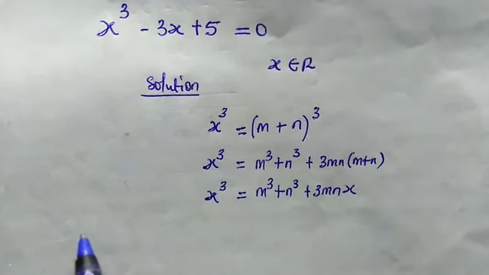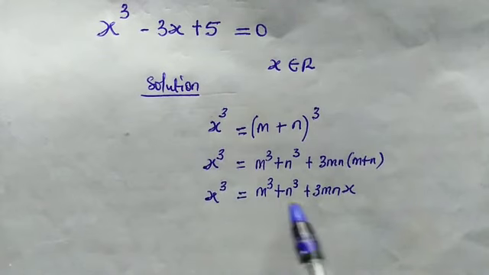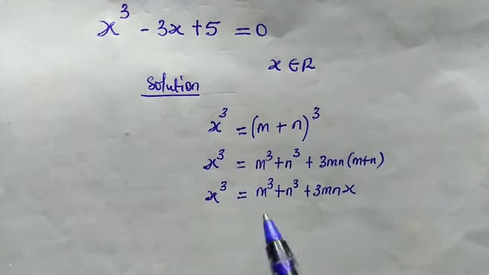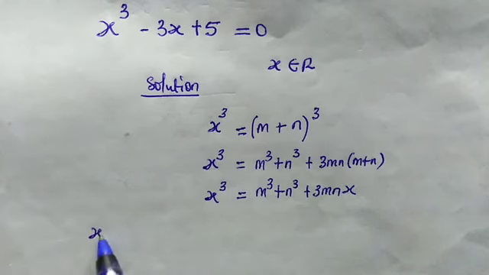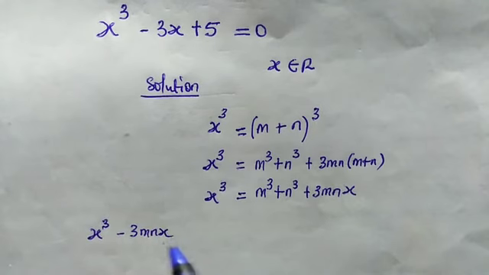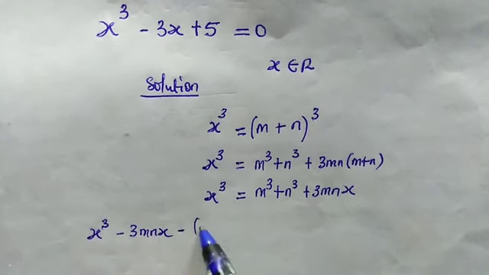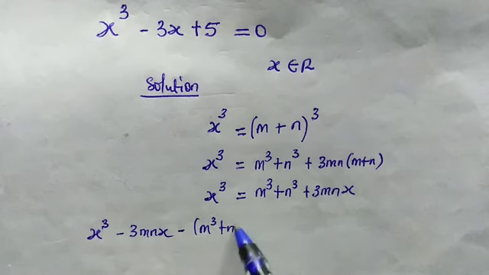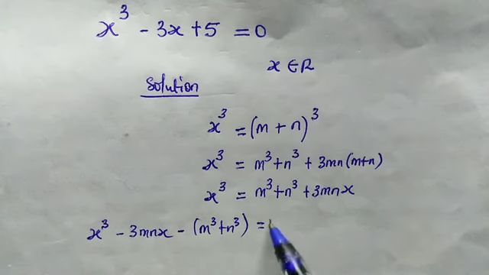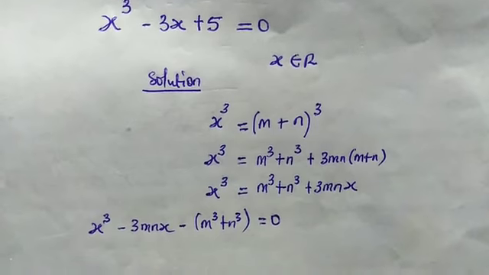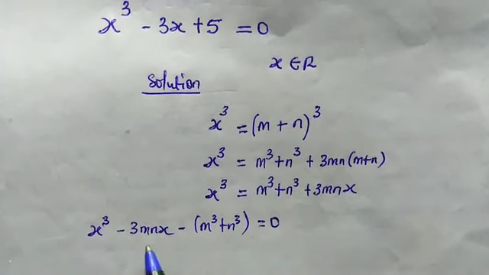Now from here, let us move the whole term from the right to the left hand side. We have x cubed minus 3mnx minus in bracket m cubed plus n cubed equals 0. Now from here we can compare this equation with the given equation.